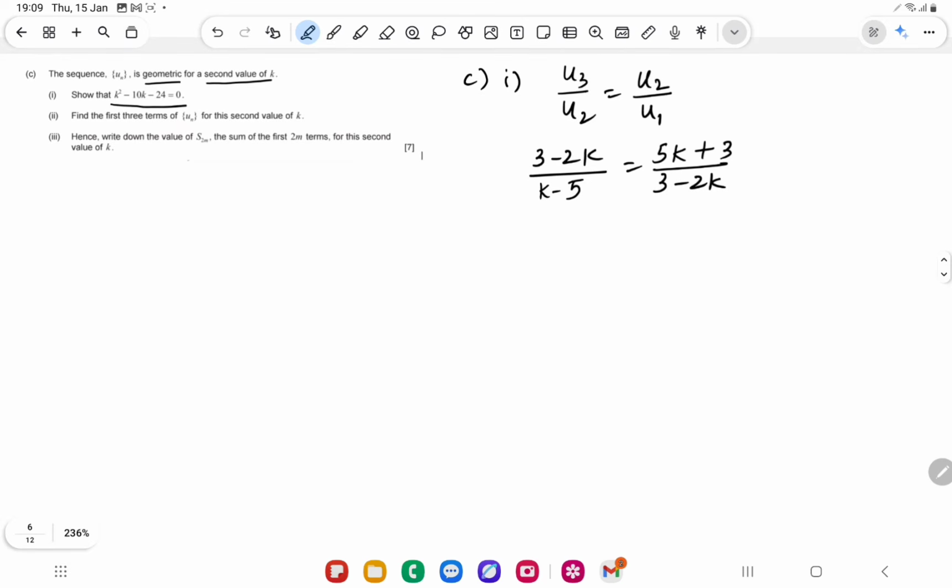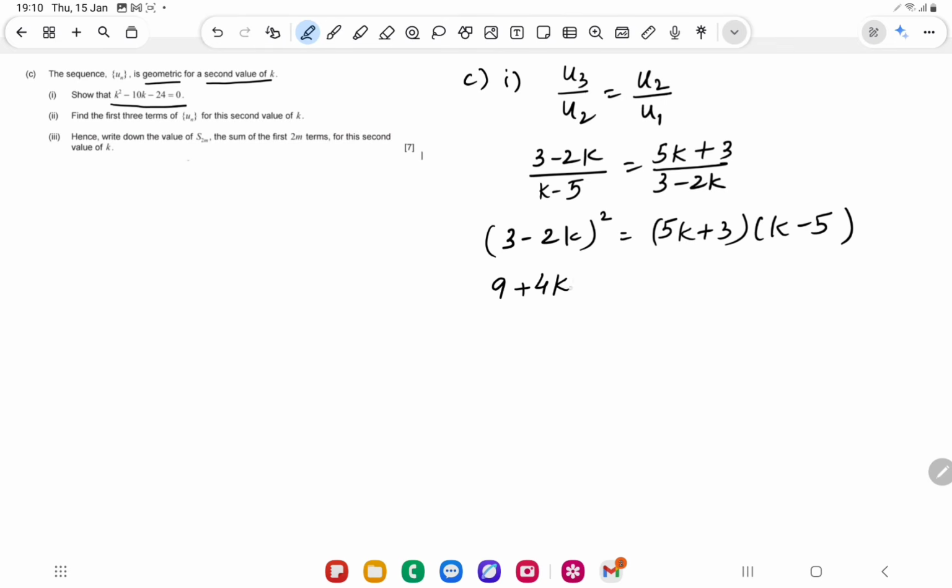Now when we solve this, it becomes 3 minus 2k whole square is equal to 5k plus 3 into k minus 5. Now I will apply a minus b whole square, so a square plus b square minus 2ab will give me this. I will open the brackets over here also, that is 5k square minus 25k plus 3k minus 15.